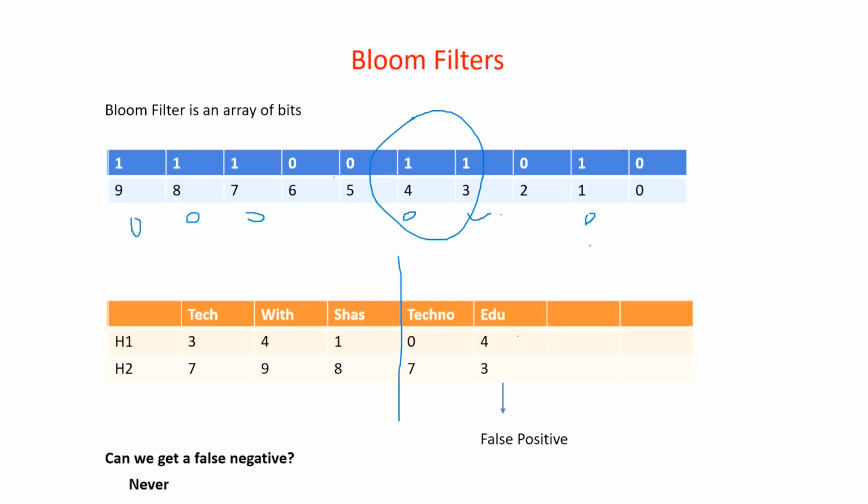Whenever you search again, if the positions for the hash numbers you get all have one, it means that was a previously searched string. But if any of those is zero, it was never searched. So in a nutshell, this is a very simple data structure that can be utilized for this use case.